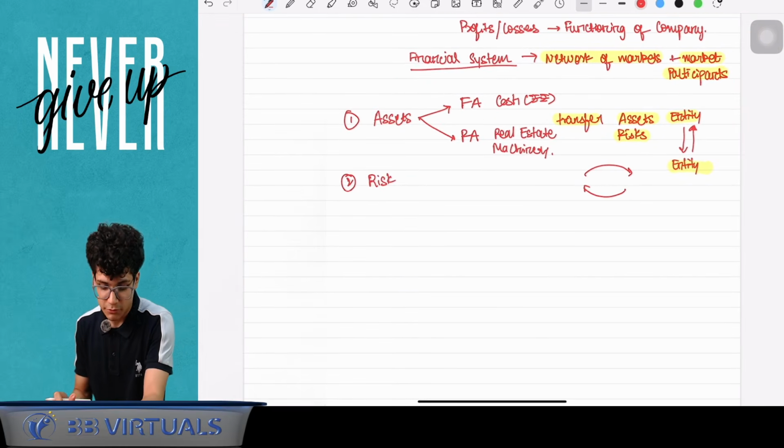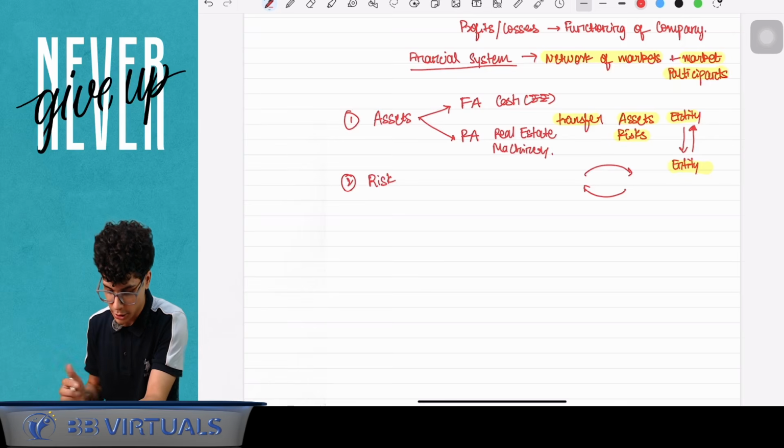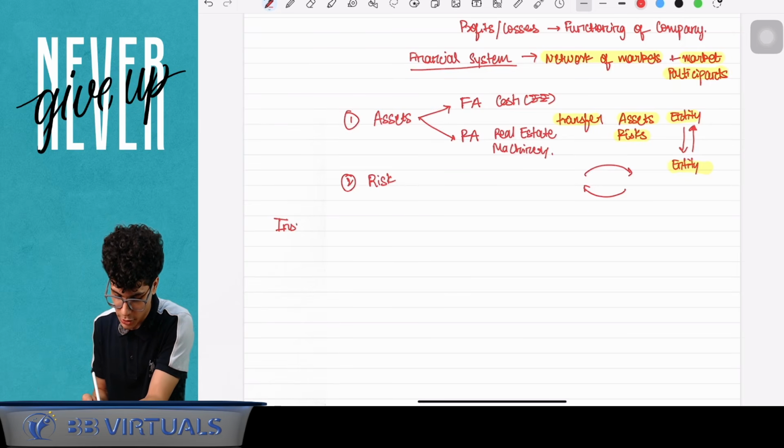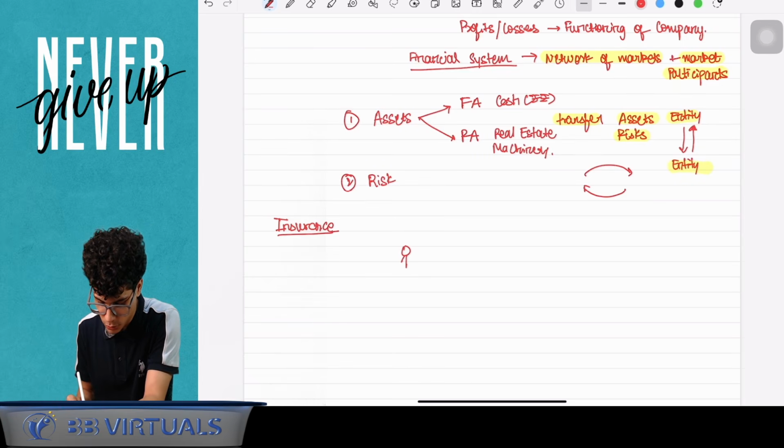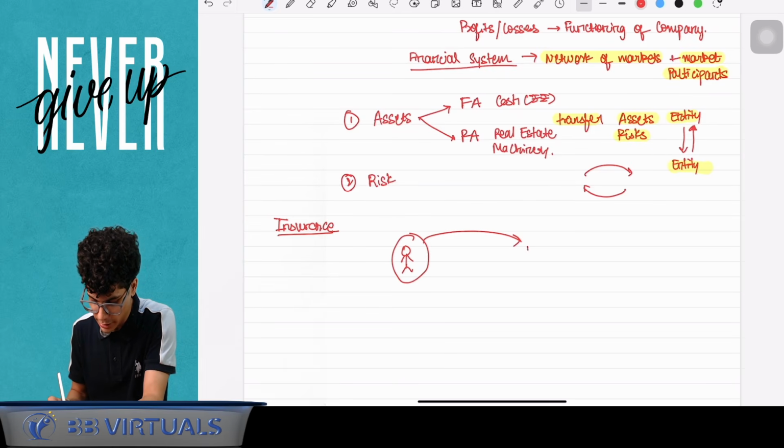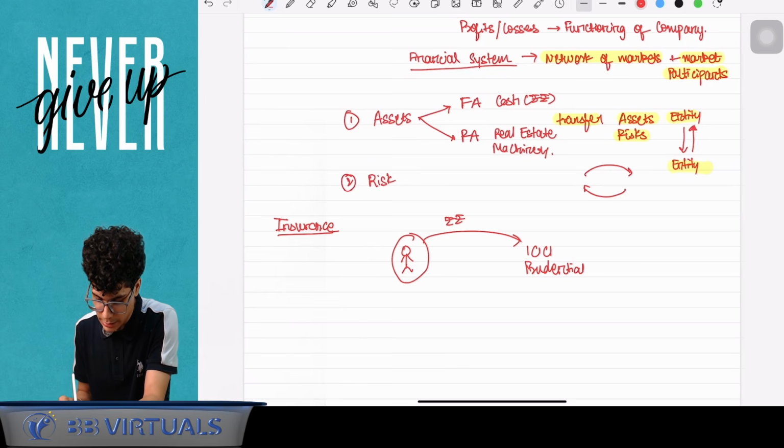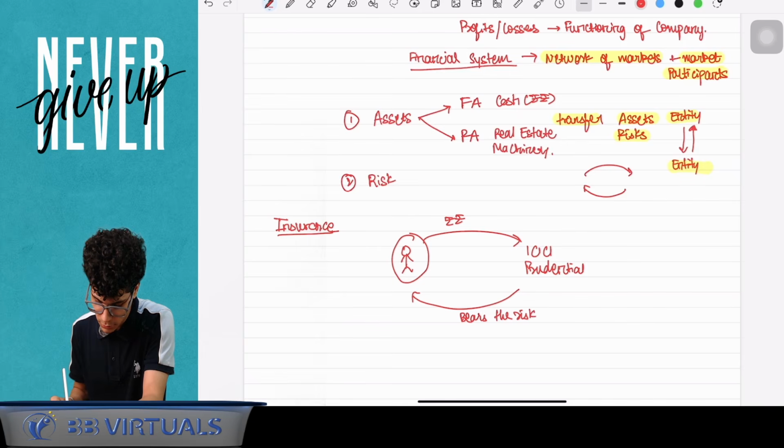Is there any example where we are able to transfer risk from one entity to another? Insurance. Insurance is the best example wherein you as an entity go to an insurance provider, that is ICICI Prudential, wherein you agree to pay a premium and the insurance company bears the risk on your behalf.